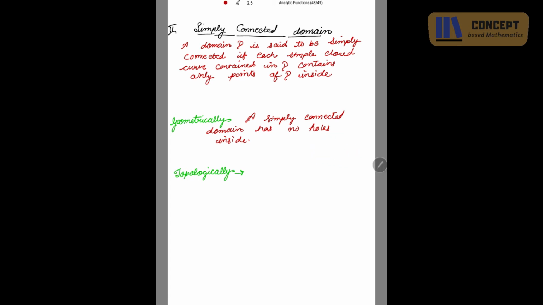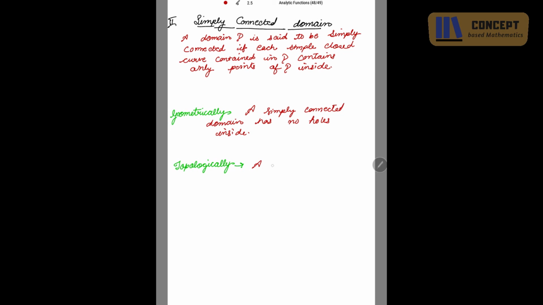So if you have a look at the definition from the topological side, the definition will be: a simply connected domain can be continuously shrunk to a point.